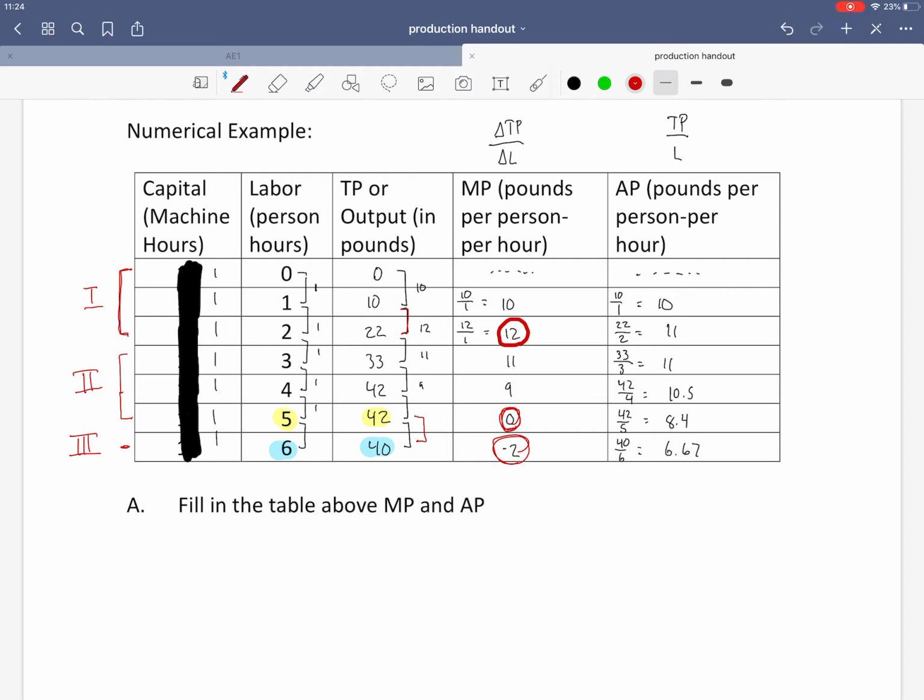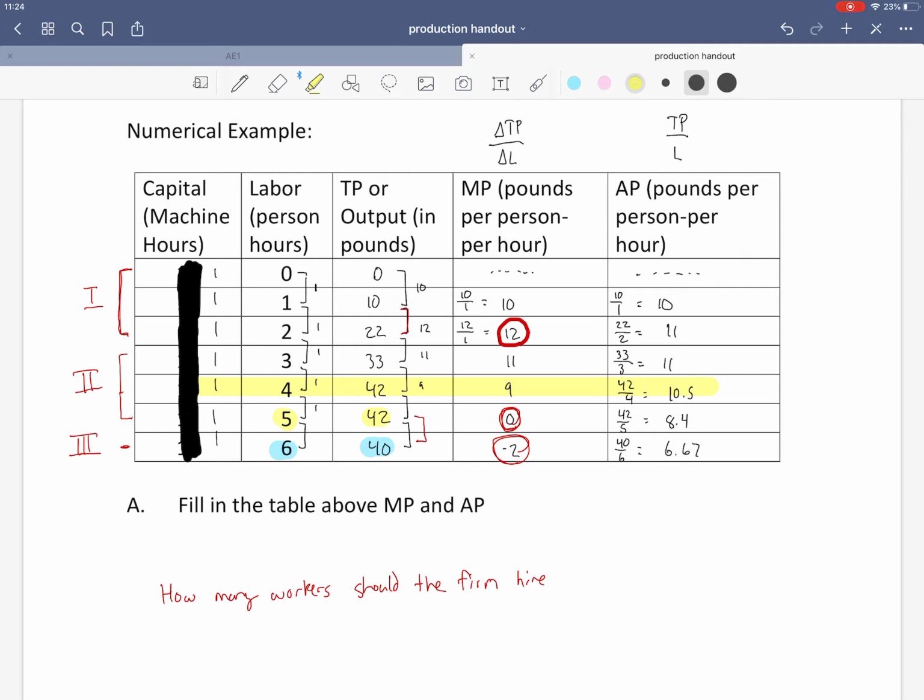Now, the $1 million question is, how many workers should this firm hire? Based on our example here, we're going to see that the firm should hire 4 workers.